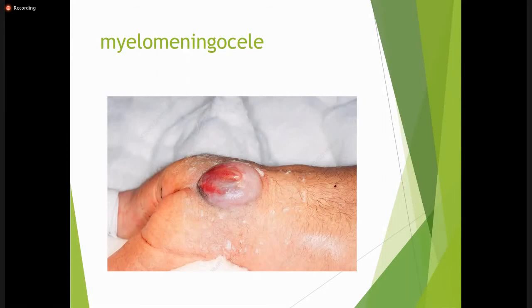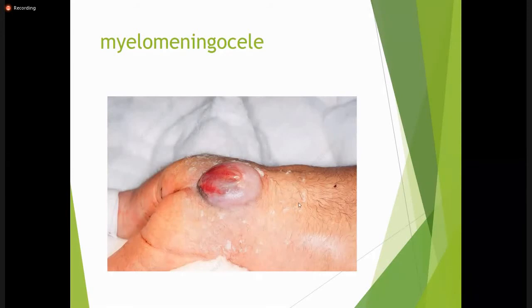Because if you don't correct it immediately, it can produce delays in growth, walking, and bladder and bowel problems, depending on the level of the spinal cord involvement. It could be lumbosacral, sacrococcygeal, like this one probably, thoracic, or thoracolumbar.